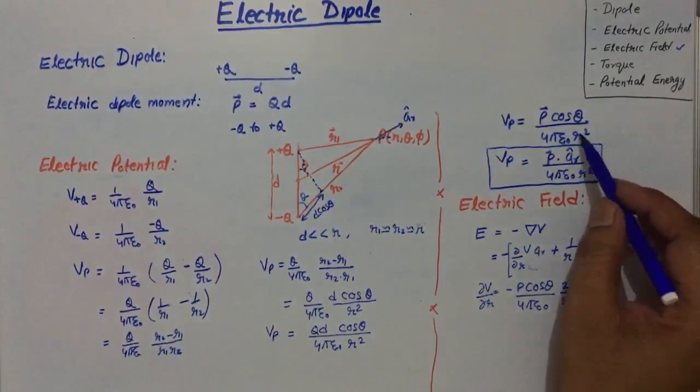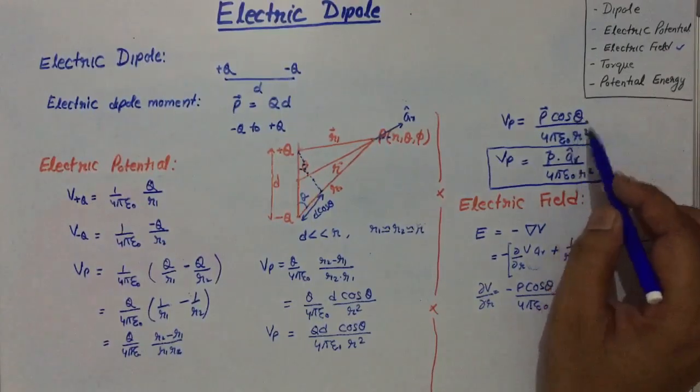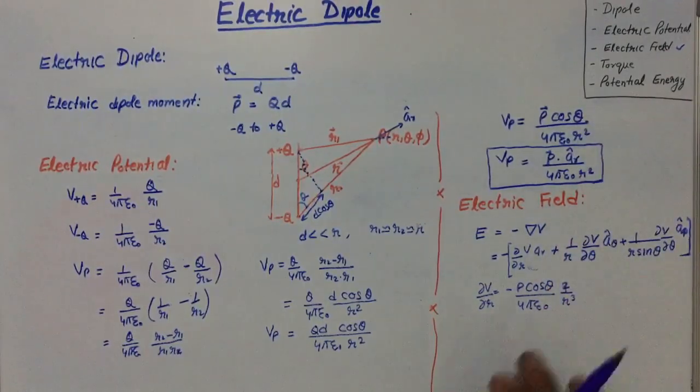Yes, I think r to the power minus 2 differentiates to minus 2 over r cube. Okay, I'm sorry, it is okay now.